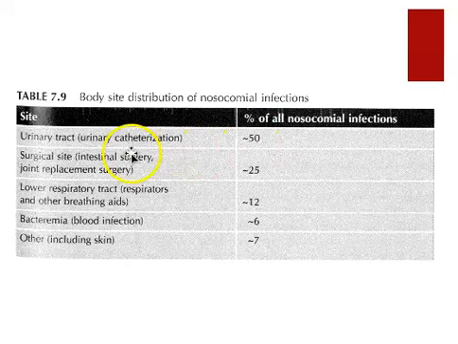Surgical sites are second on the list. Intestinal surgery is particularly problematic, as you might guess. Anytime that you are penetrating into the intestinal cavity, there are so many microbes in there ordinarily. Introducing a nosocomial pathogen in there is only going to cause more problems for the patient.